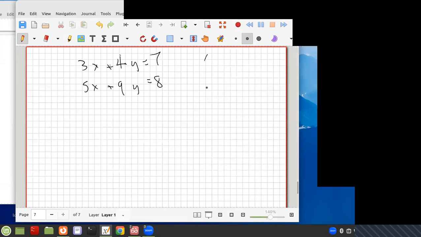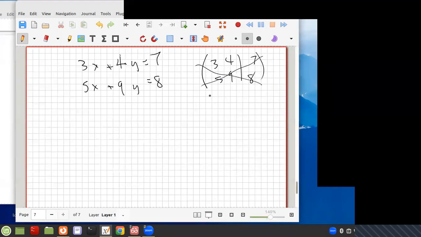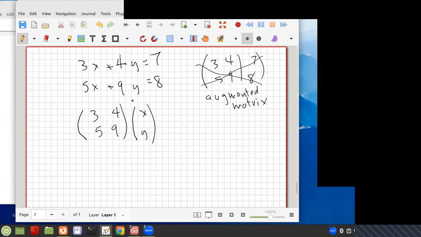Okay, now if you wrote down this, it is wrong. This is the augmented matrix. It's not the matrix equation. What you want to write down here is the matrix of coefficients, 3, 4, 5, 9, which is the thing that appears over here, times the vector of the variables, x, y, equals the vector of constants.